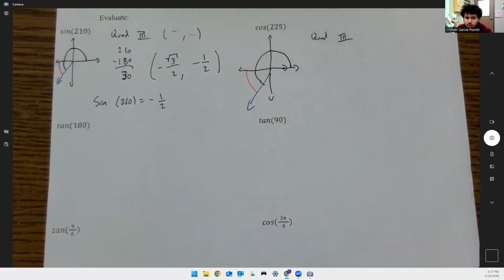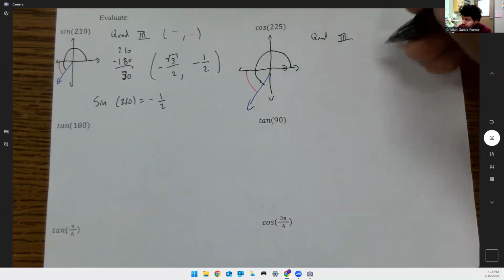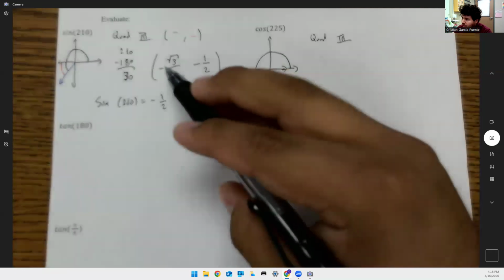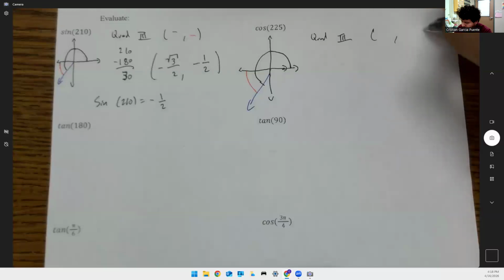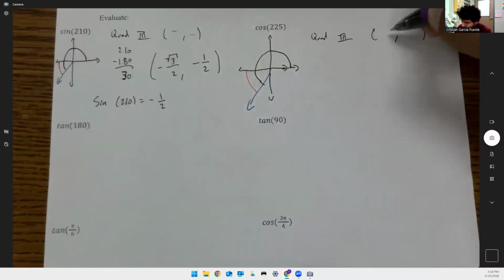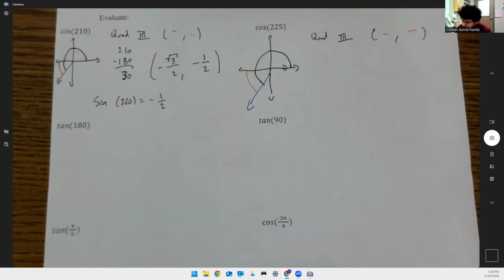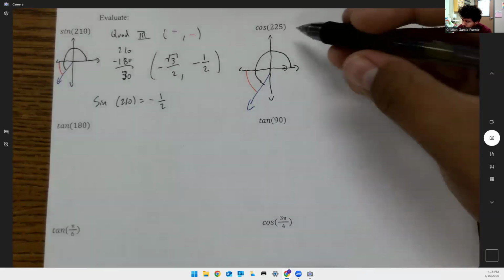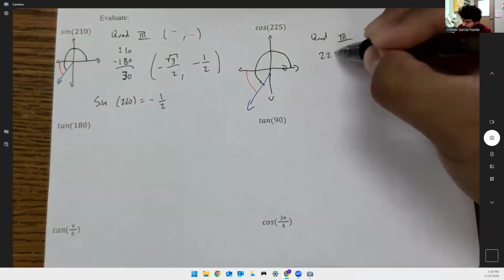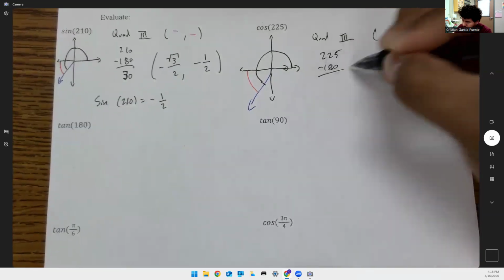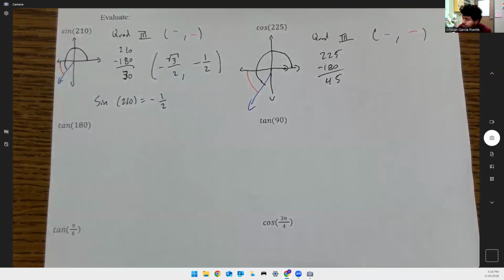Since I'm in quad 3, what are my symbols? We did it earlier, so I'm not going to turn the page around. It's just minus minus. And in quad 3, we subtract 180 to find the reference angle. So 225 minus 180 is just 45 degrees.